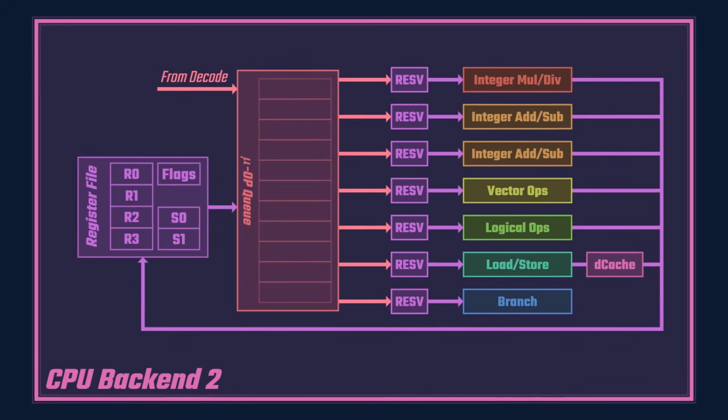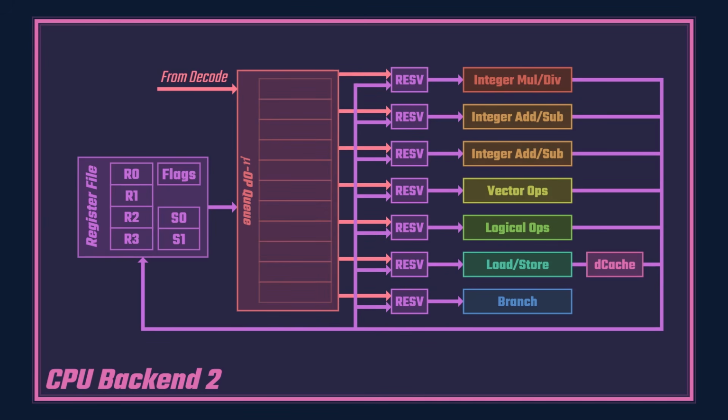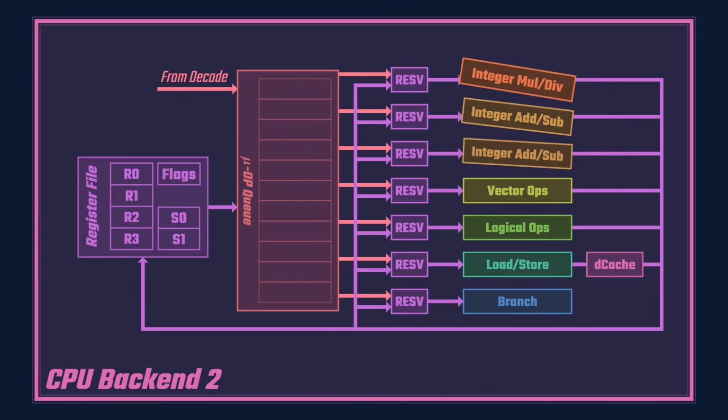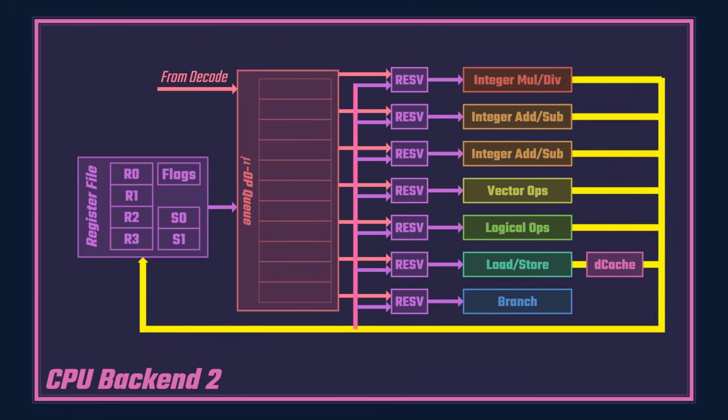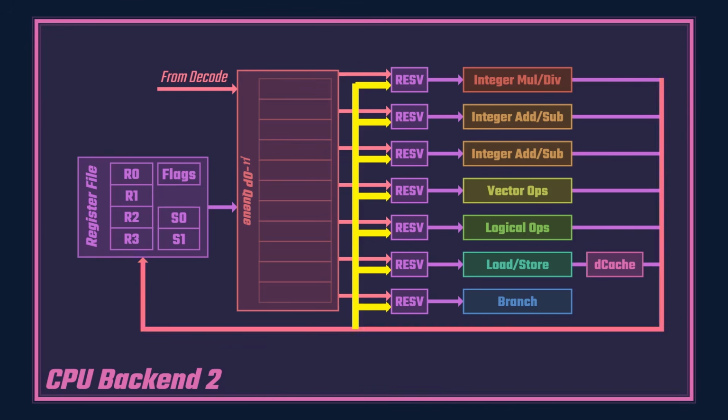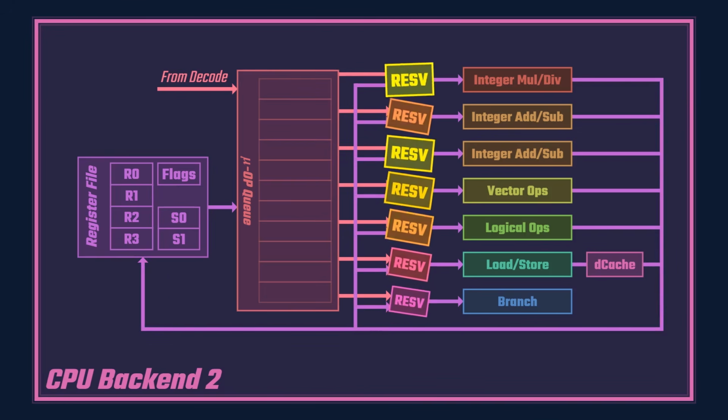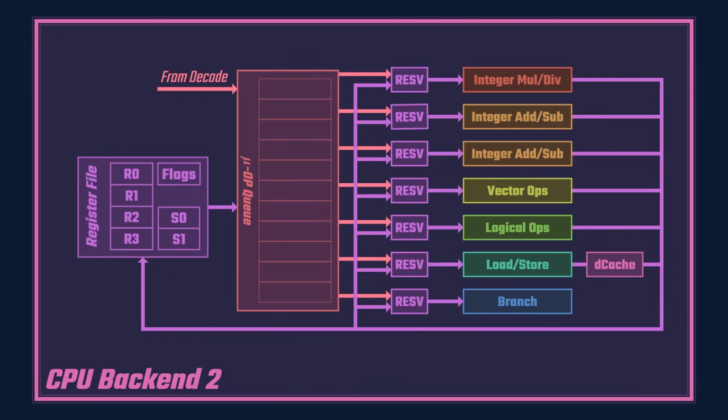We can connect the outputs of all the functional units to a common data bus, which can loop back into the reservation stations. Once a functional unit completes a micro-op, it will output the data along with the tag. All reservation stations can then match this tag from the data bus. And if it matches, it means that the operand has just been computed and we can use the value.